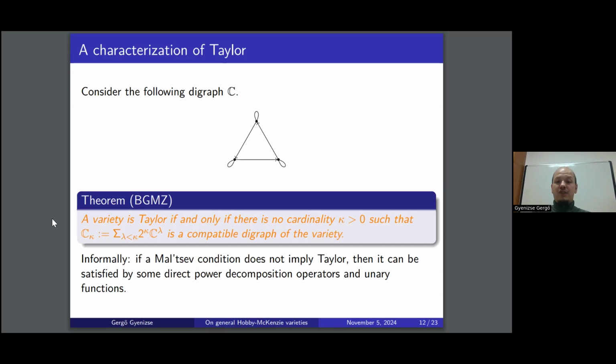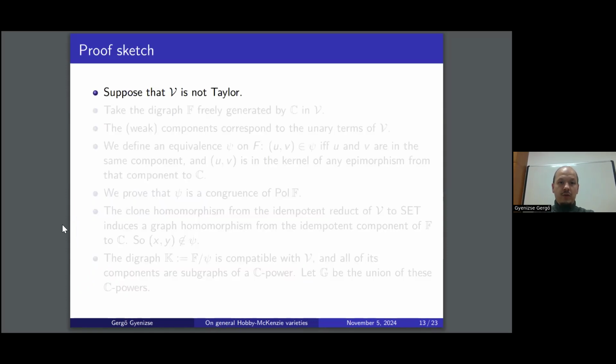I will sketch the proof of this theorem. It will be three pages here. In our paper it is rather longer, so I will liberally skip details. Suppose that we have a variety that is non-Taylor, and take this digraph C that I've just shown you, and freely generate a digraph F from this.